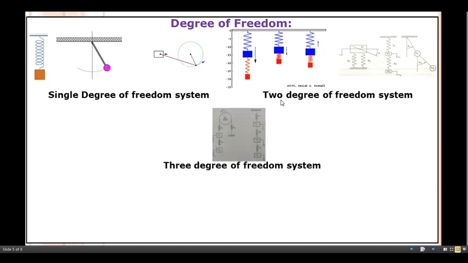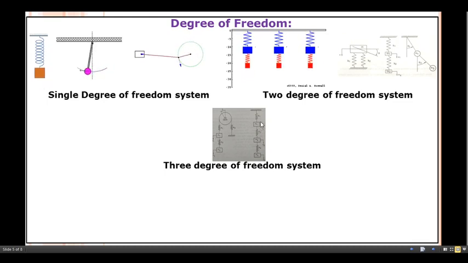The next case is the 3 degree of freedom system. Three springs are available here. Because of this, we get one rotational motion. This spring is connected with this spring with the help of a string wound around the surface of this pulley, so this pulley actually moves. That means you get one parameter, theta, and another two, x1 and x2, so three different parameters are required to define its journey.